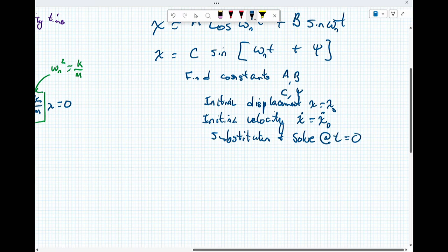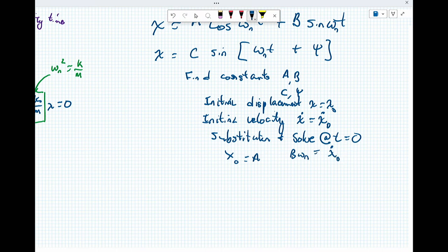So say, for example, I did give you those values. In that case, x naught is equal to A, and B omega n equals x dot naught.